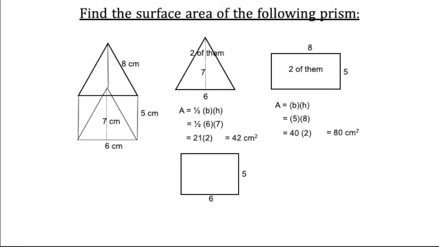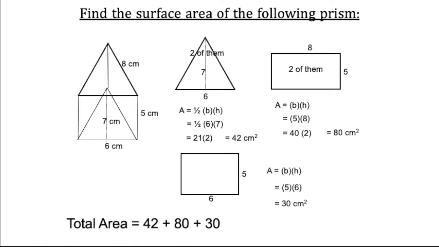And again, the area of that is given by 6 and 5 centimeters, base times height. For this one, you don't multiply by 2 because there's just that one. Then you're done calculating all the areas, then you add them all together to get the surface area, which is 152 centimeters squared.